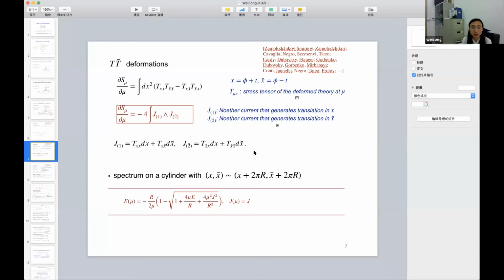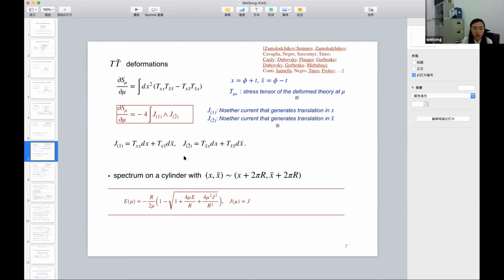With these two Noether currents, we can very compactly write the action in terms of the wedge product of these two Noether currents. That will be a useful way to relate this dual field theory deformation and the string worldsheet deformation, as we can see later. Okay, so this is the TTbar deformation, and we know the spectrum.